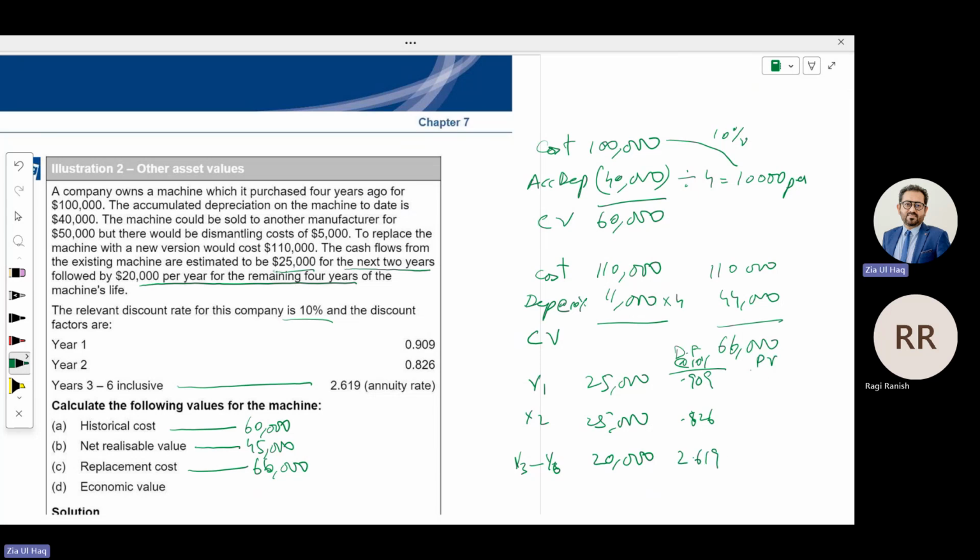Can you calculate the PV? It is 95,755. So 95,755 is the value in use, or economic value.